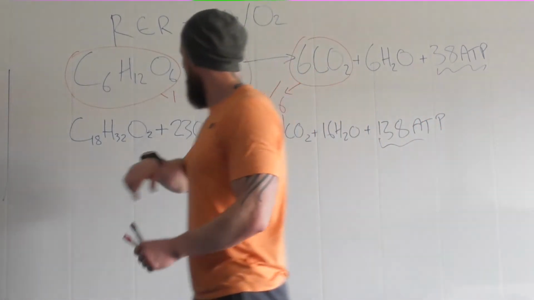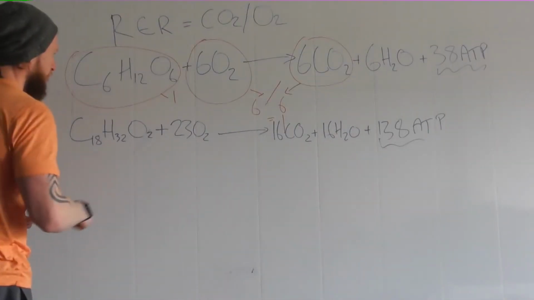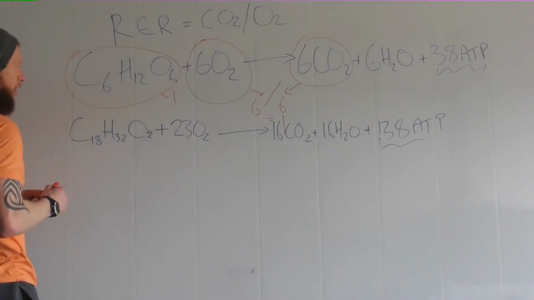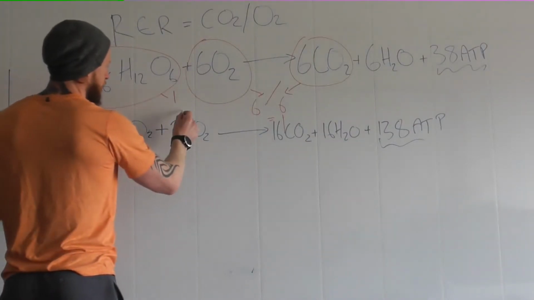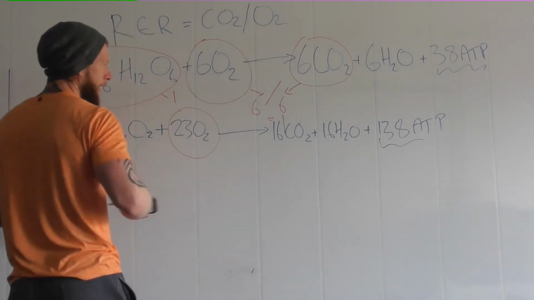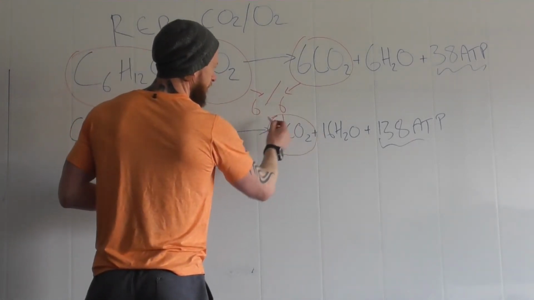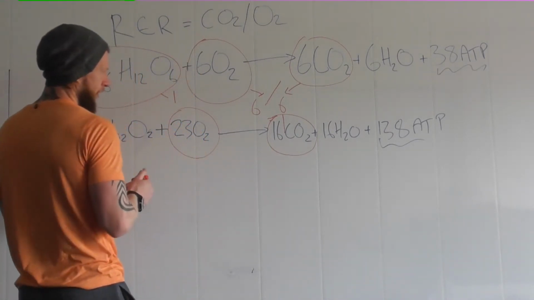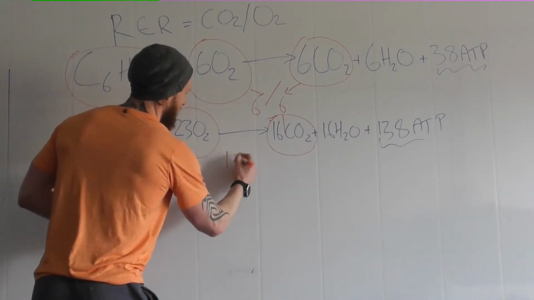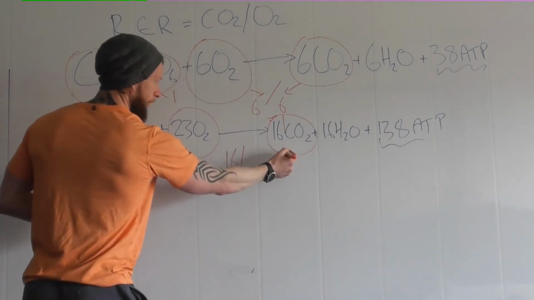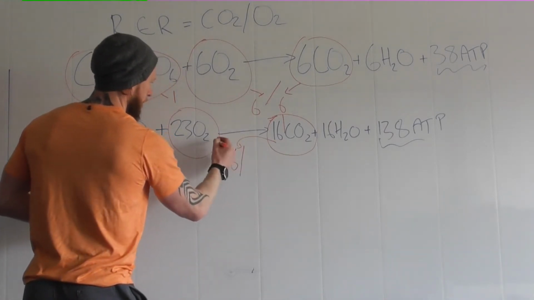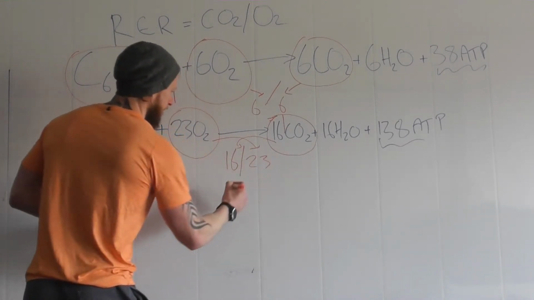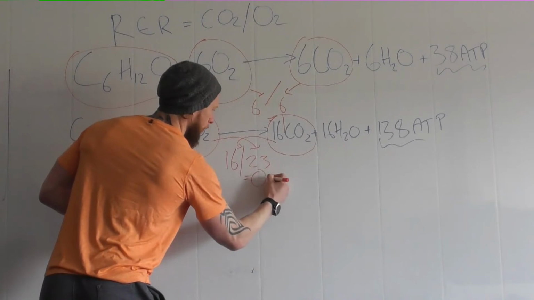So let's flip it back now and let's think about this respiratory exchange ratio. So we're going to do exactly the same as what we've done here. Here we have our 23 O2, and here we have our 16 CO2. So if we go 16, I'll write this the other way around, it's a bit easier, 16 divided by this number here, 23, is about 0.7.